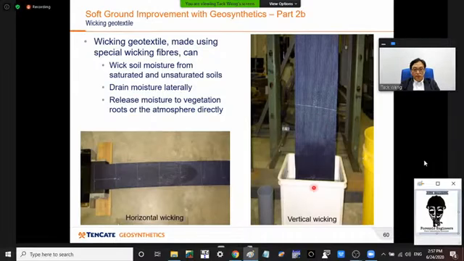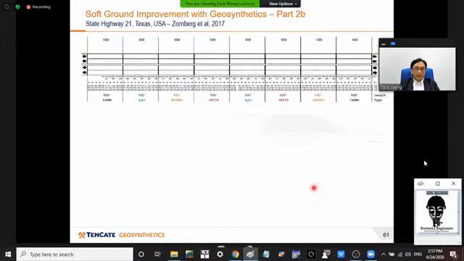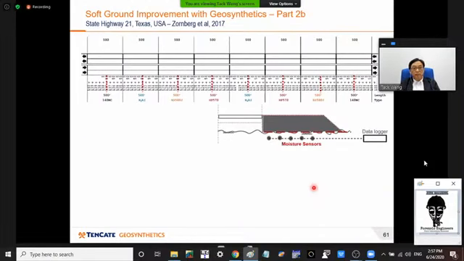How is it used on site? Here's an example, a reference from a book. It's State Highway 21 in Texas, where edge cracking is very common. They have to come and repair it over and over again because it's built on expansive clays.